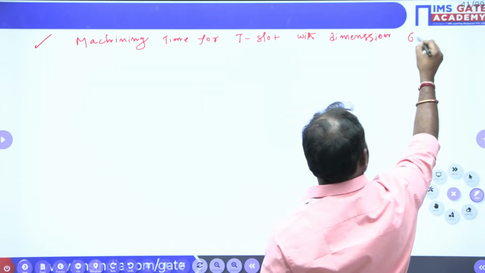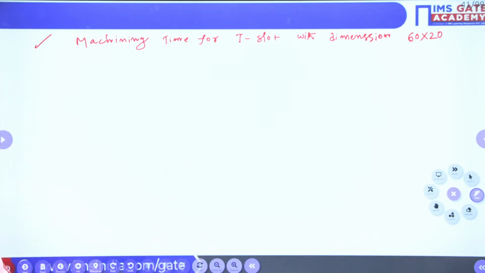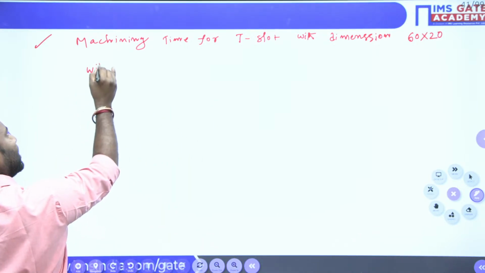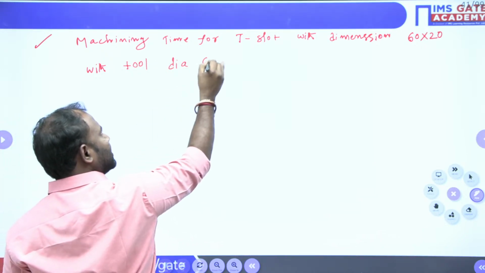So the width is 60 and the slot depth is 20 mm, with tool diameter 60 mm.